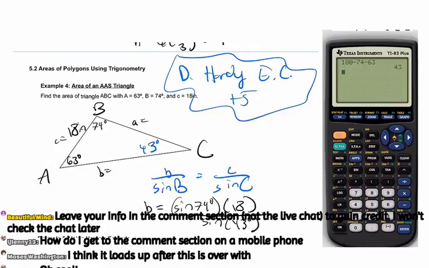So then side B, we need to be in degrees mode. So the top is 18 times the sine of 74, divided by the bottom, the sine of 43 degrees.